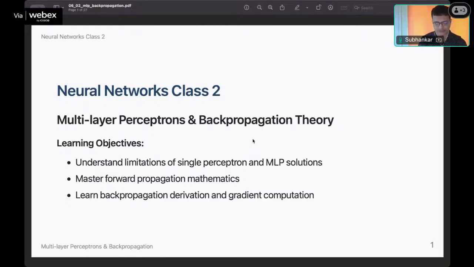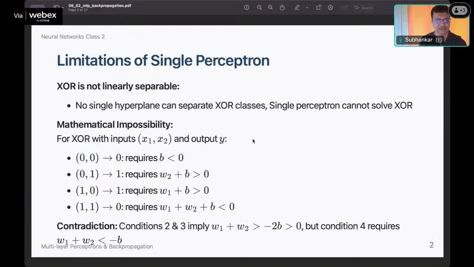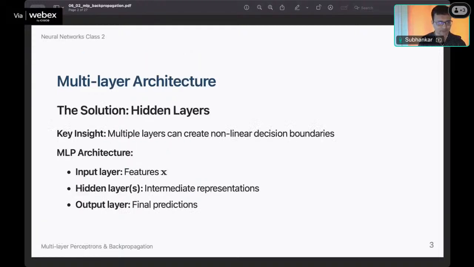Yeah. So the first thing that we start with is the problem that we had with the single-layer perceptron. We understand that whenever we have an XOR-like problem, where there is no single hyperplane that can solve the problem, a single perceptron simply won't work. Yeah. So now what is the answer? The solution to this is very simple.